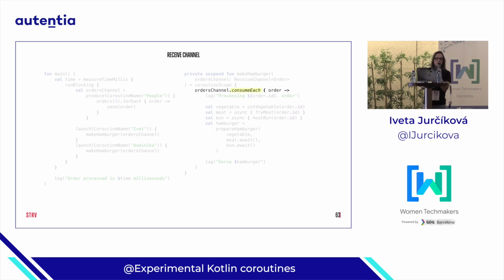With the for loop, when one receiver fails, the second one is still able to process the channel, while consumeEach always consumes or closes the channel on its normal or abnormal completion. And we don't want to close the channel if an error occurs, because if one cook makes a hamburger with ketchup instead of mustard, it's not a reason to close the whole stand. That's why we rather leave the for loop here.